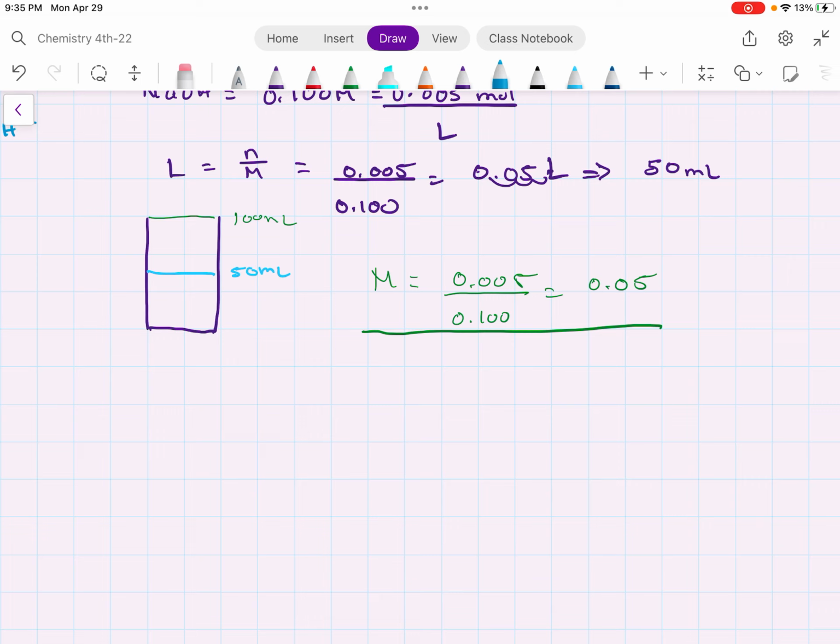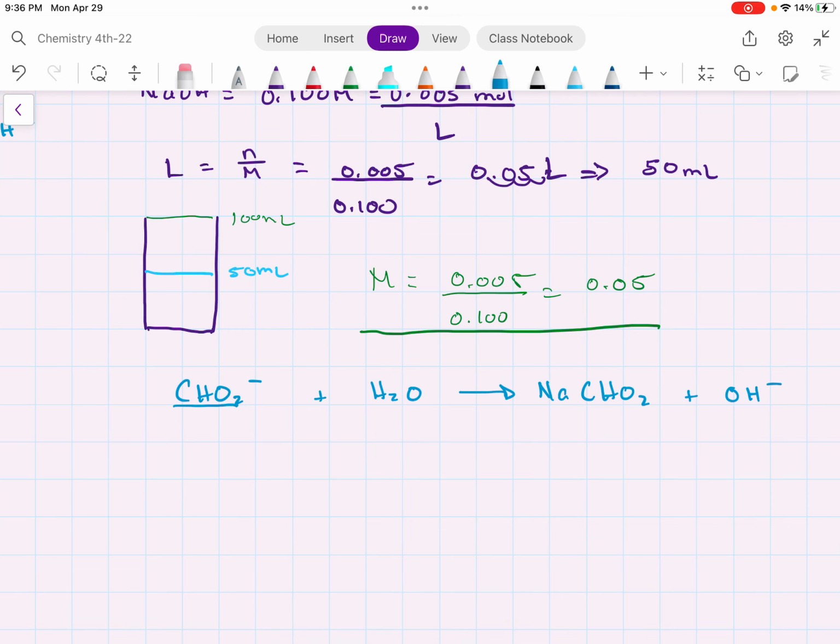Here's what we're going to write: we're going to end up with our formate ion, our water, and then the NaOH, CHO2 formation plus the OH minus. Remember that the Na and the OH are coming from the strong base, but what we're looking at is the interaction between our formate ion and our Na to form this salt.